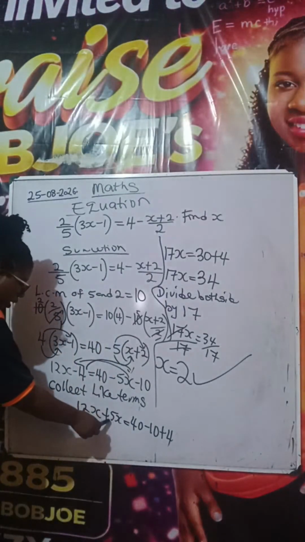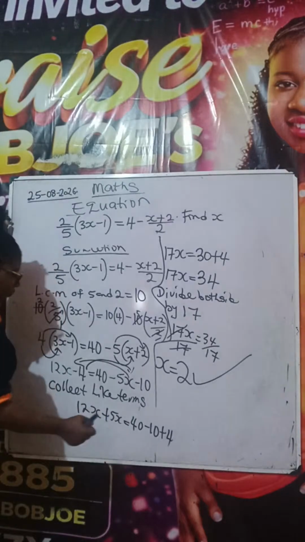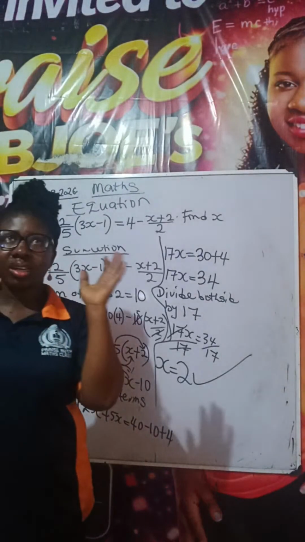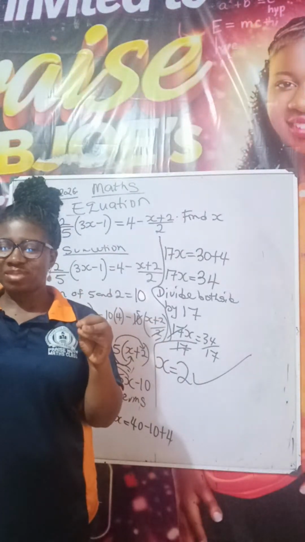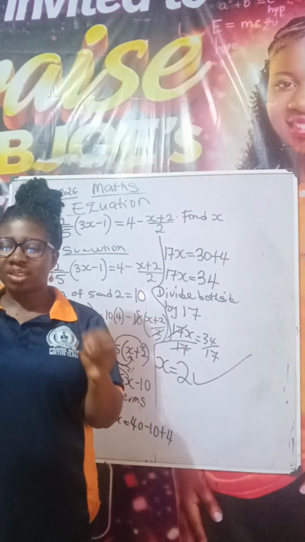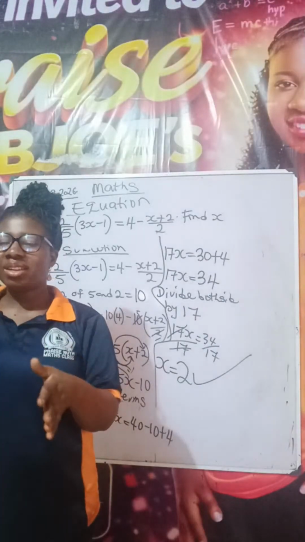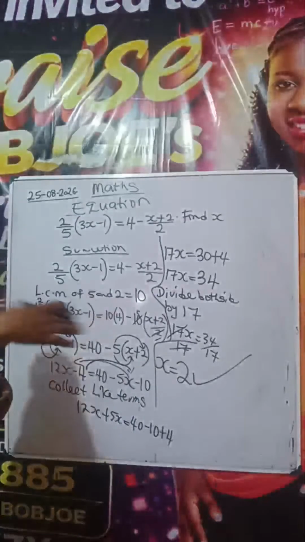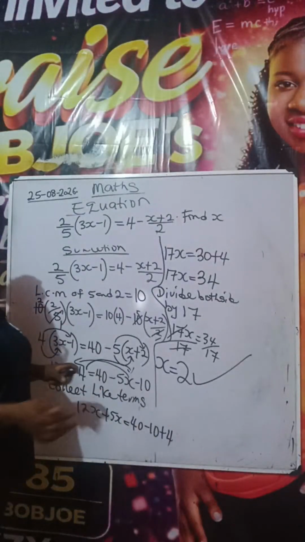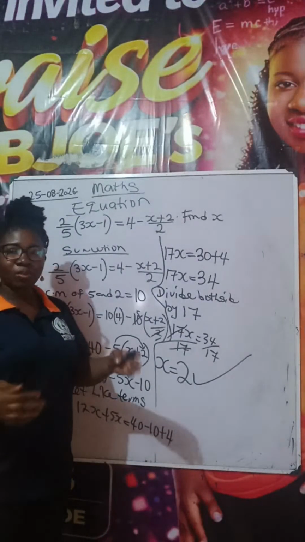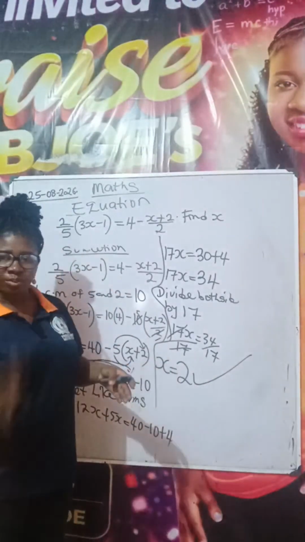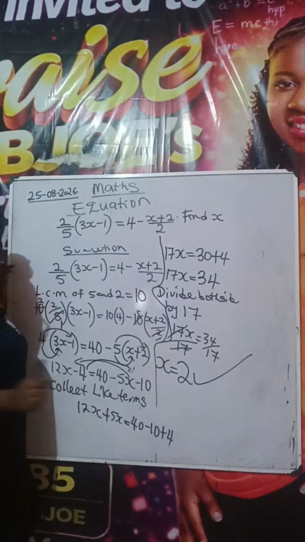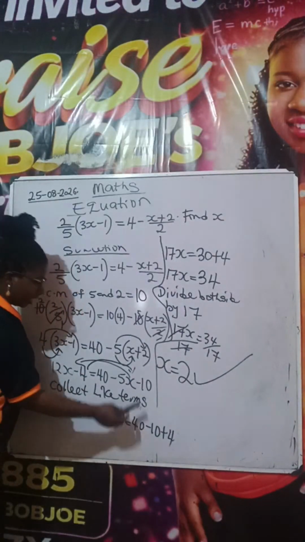Okay. So we have plus 5x equal to, before you bring anything here, you know that we have what we call landlord. Did you understand the meaning of landlord? Landlord means owner of the house. If you check the right hand side, we have the landlord there, like people that's supposed to be there before any other number will come. Now 40 and 10 is here, so 40 will be here, 10 will be here.